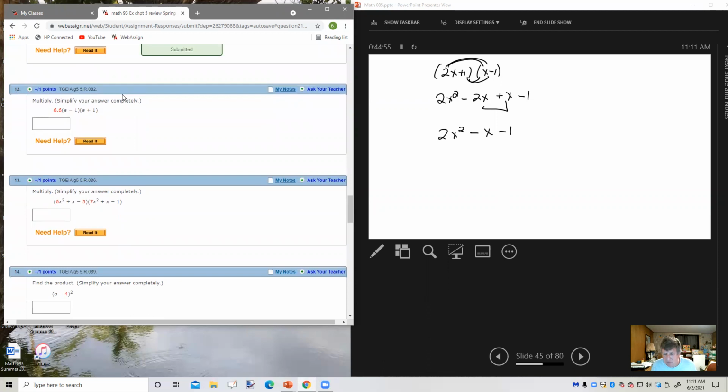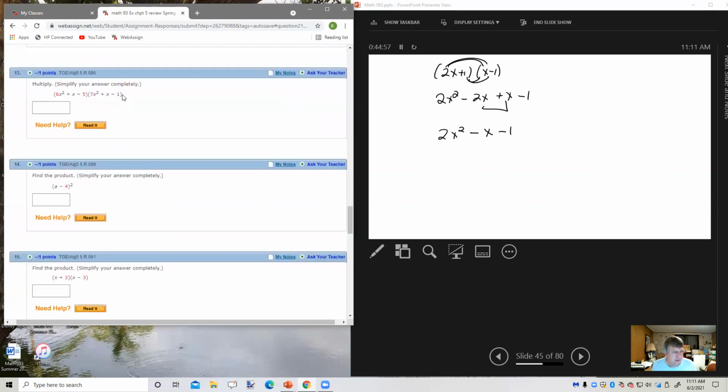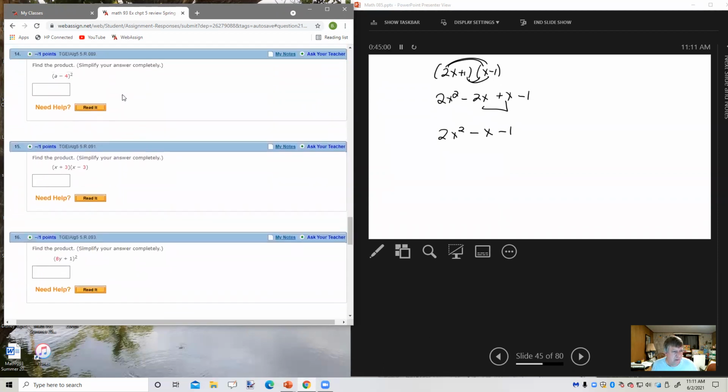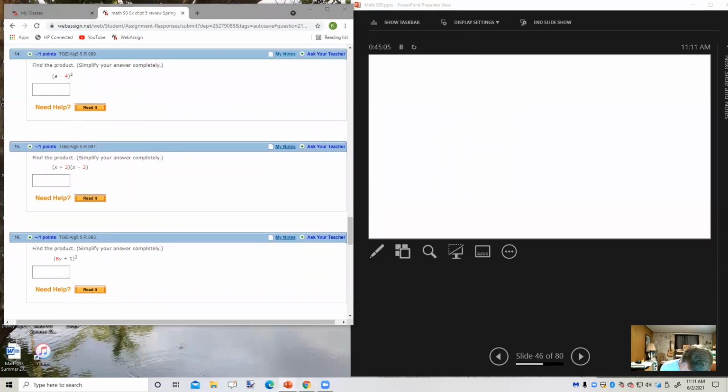And let's see, how are we doing for time? Let's take a look at this one. Find the product. If we've got a minus 4, the quantity squared, that's a minus 4 times a minus 4. Which then is a squared, and then minus 4a plus 16.